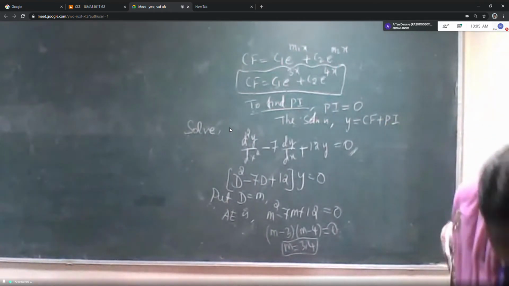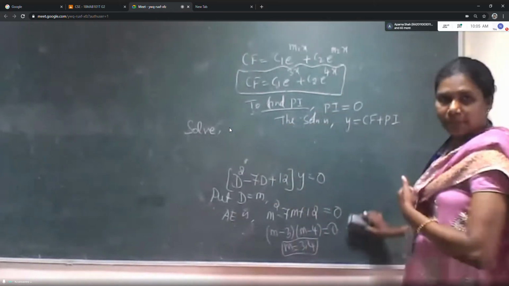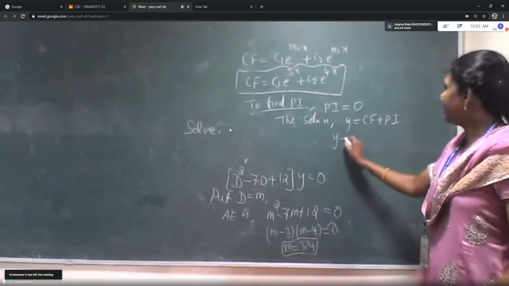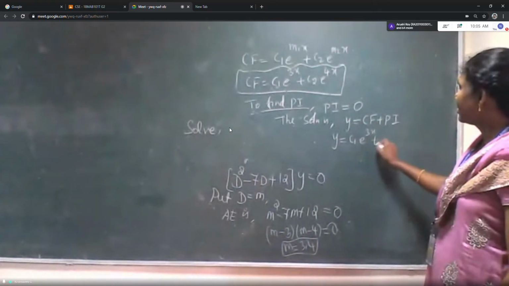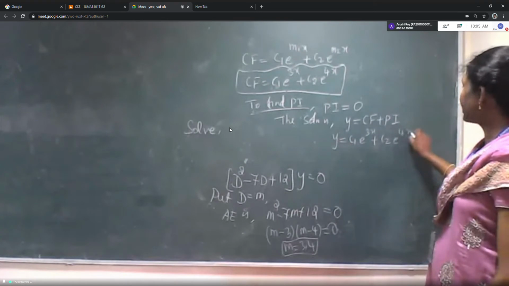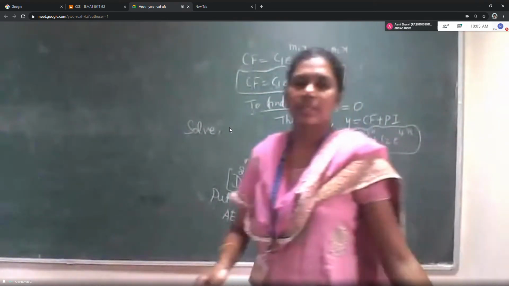This is the final solution. What is CF? Once again, we write C1 e power 3x plus C2 e power 4x plus 0. In this problem, we got 0. This is the final solution.